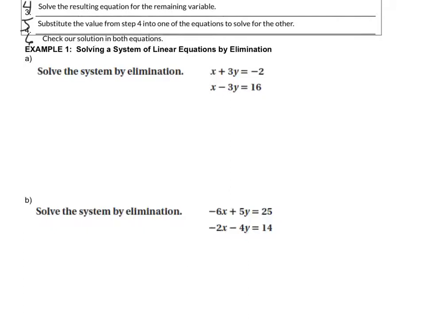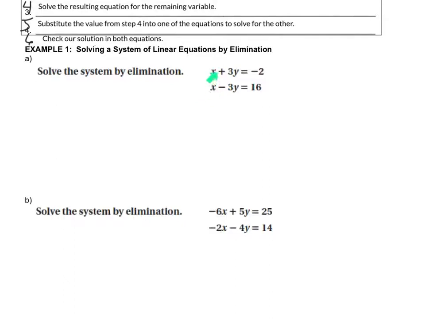So step one here is done. I don't have to do anything for this one. Move on to step two. Step two says multiply one or both of the equations by a constant so that we have opposite coefficients on either of the variables. So let's look at that. What is the coefficient in front of the x's? Well, I have a 1, which we don't see, and a 1, which we don't see. 1 and 1 are not opposite.